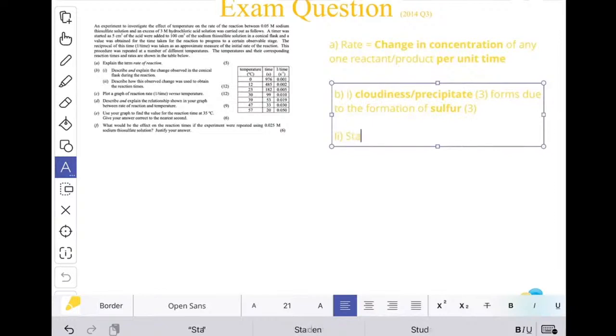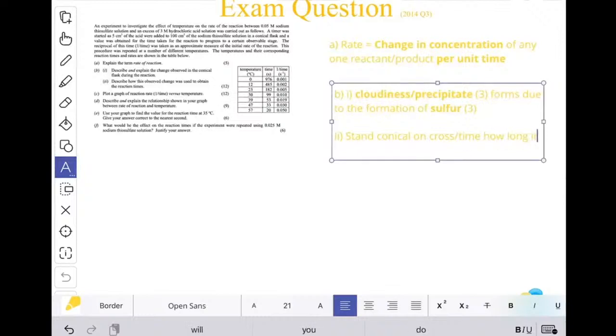Stand your conical flask on a cross. Time how long it takes for the cross to disappear. Those are the 2 points that you needed for this question.